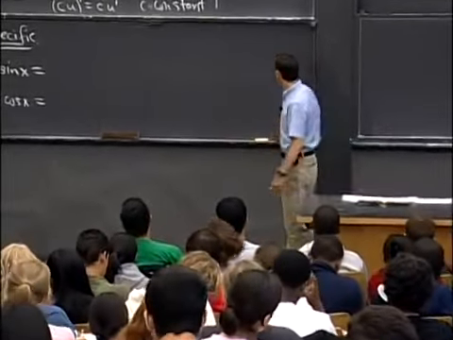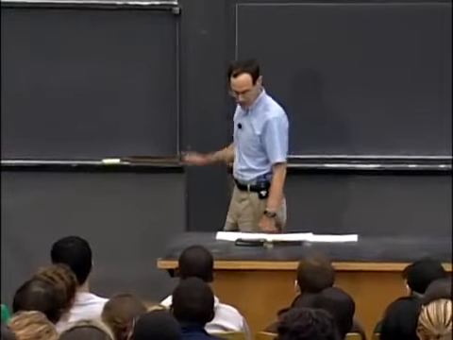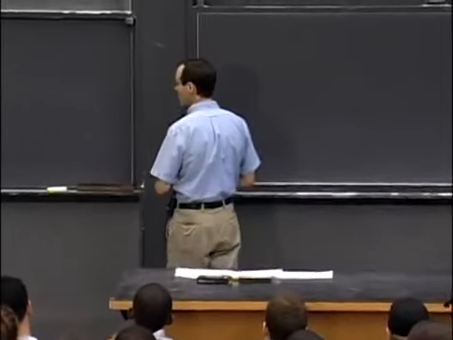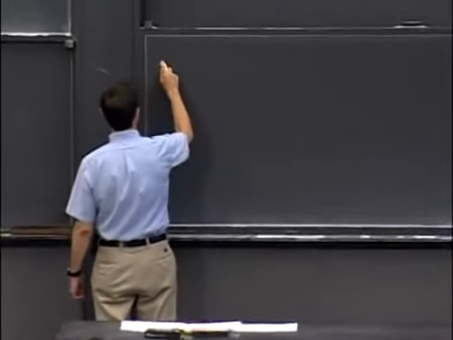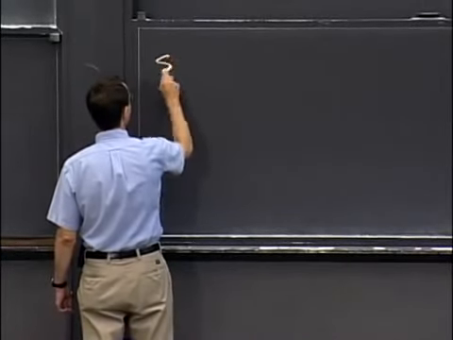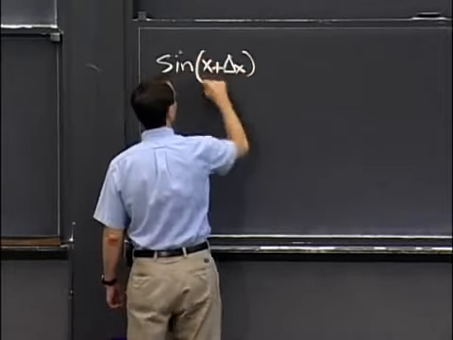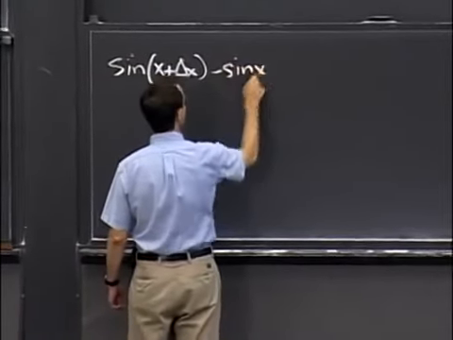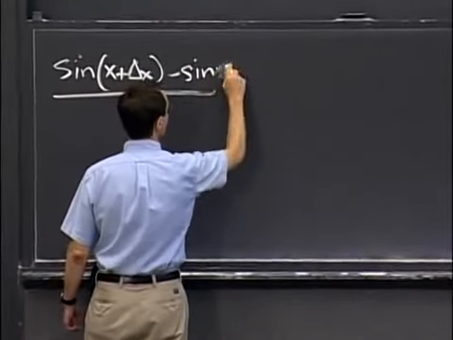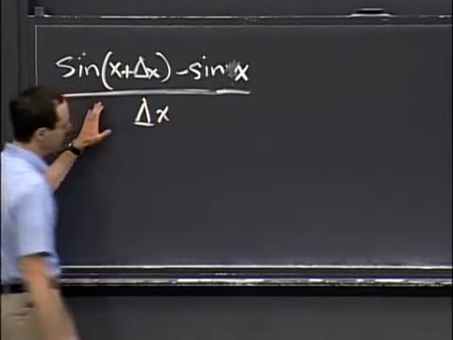All right, so in order to calculate these, I'm going to start over here and just start the calculation. So here we go. Let's check what happens with the sine function. So I take sine of x plus delta x. I subtract sine x, and I divide by delta x.